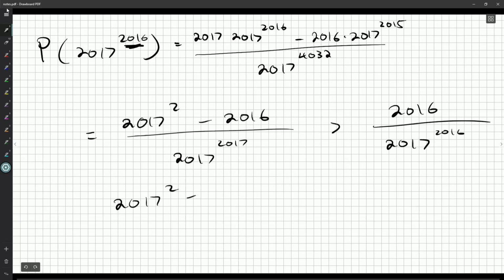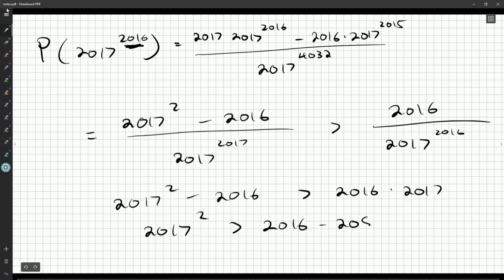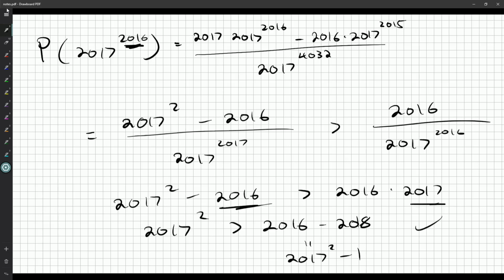So if I multiply both sides by 2017 to the 2017, add 2016 to both sides, I'll get 2017 squared is greater than 2016 times 2018, because I've added one 2016. And that is true because this is actually equal to 2017 squared minus 1. So that does work. I'm sure it's not the only one.